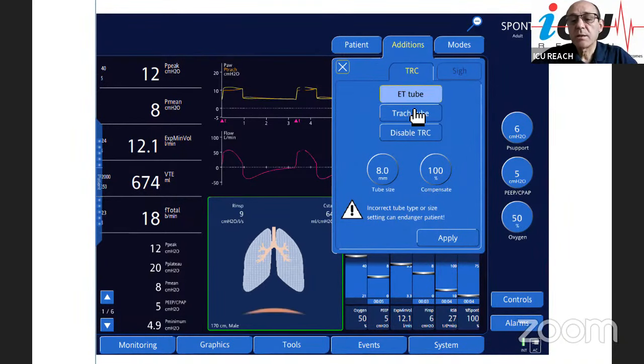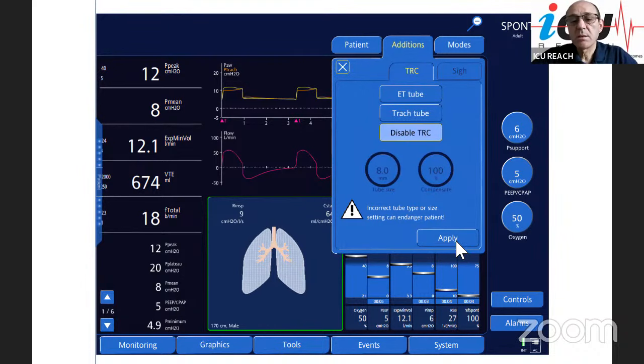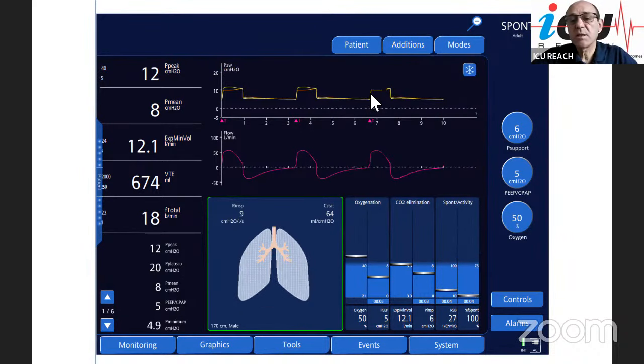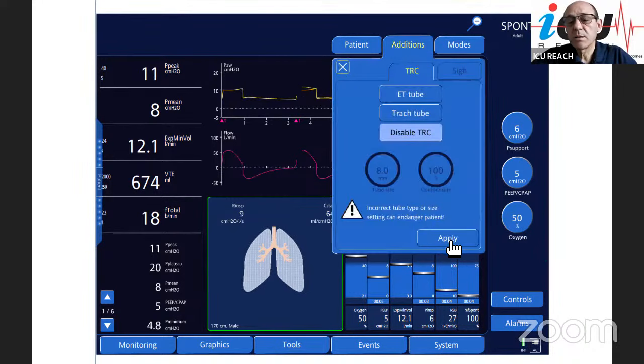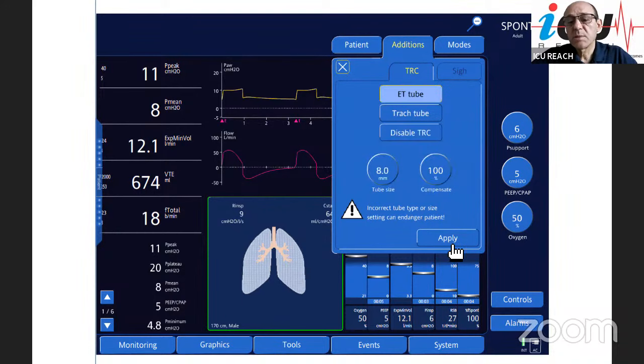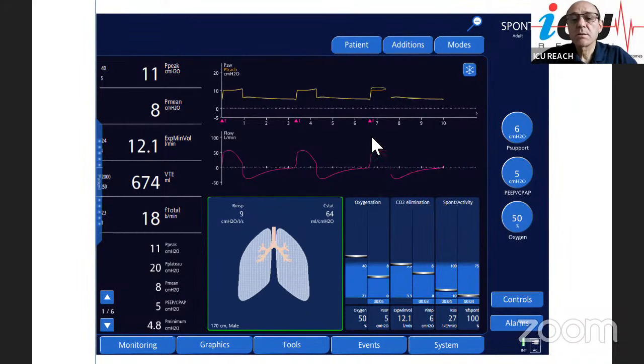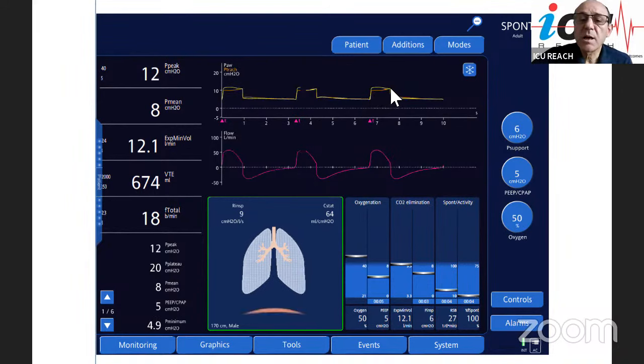If I remove the ATC, you can see that the yellow line is similar to the orange line here. So let me put it back on so you can see the difference. Now the orange line is the tracheal pressure.